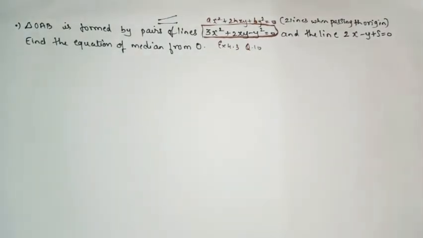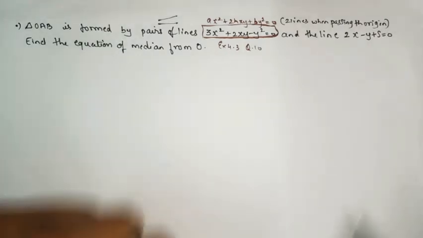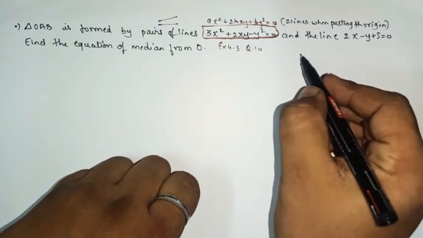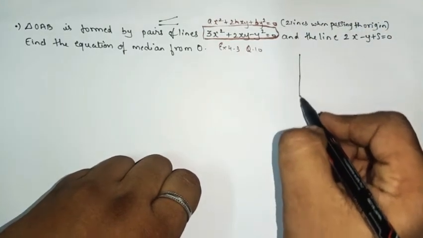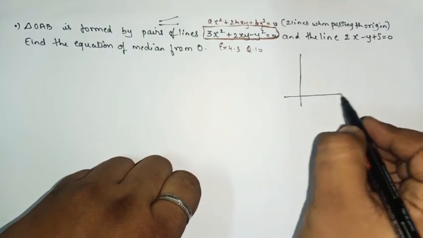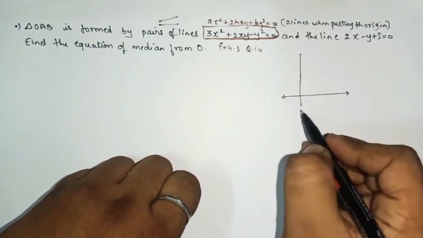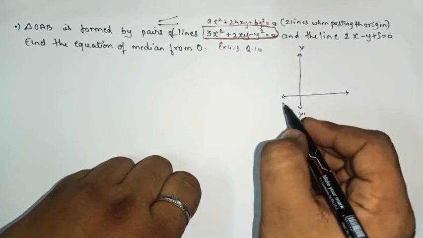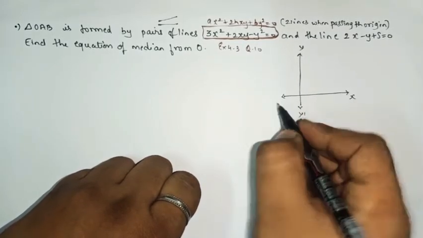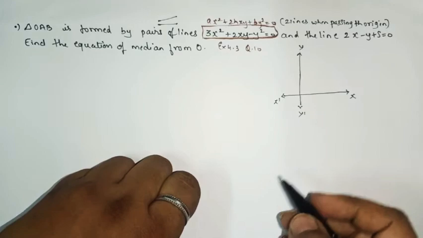Now we'll draw the diagram. We'll consider this is the x-axis and this is y, so y dash, x and x dash.